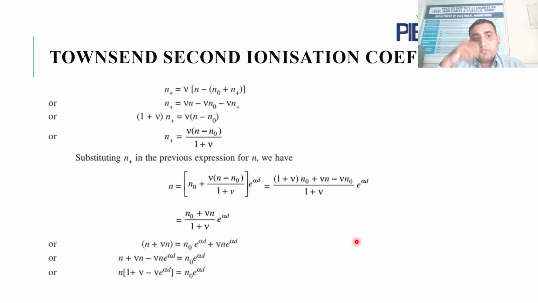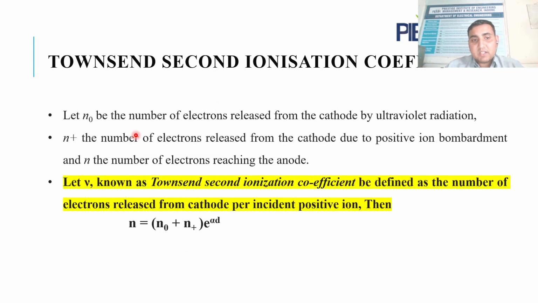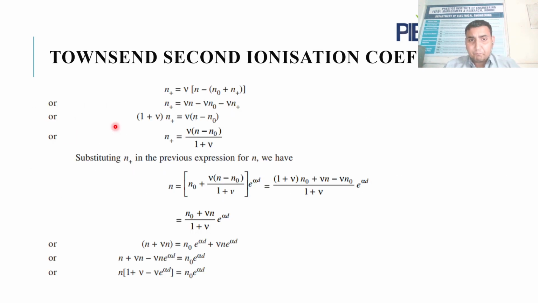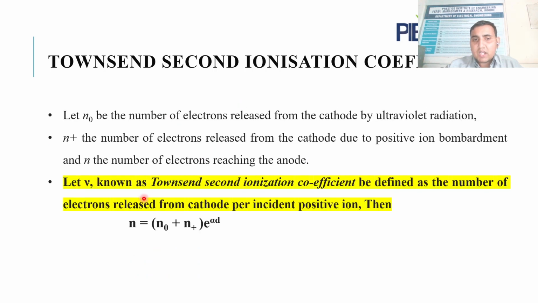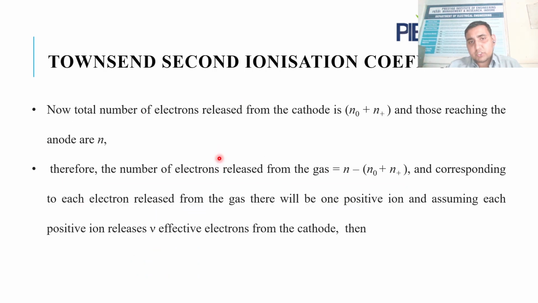When we relate gamma to the electrons gathered due to the UV light radiation, n plus is given by gamma times n0 plus gamma times n plus. So n plus, the number of electrons due to positive ion bombardment, is given by gamma n0 upon 1 minus gamma. But what is gamma? Gamma is our Townsend second ionization coefficient.